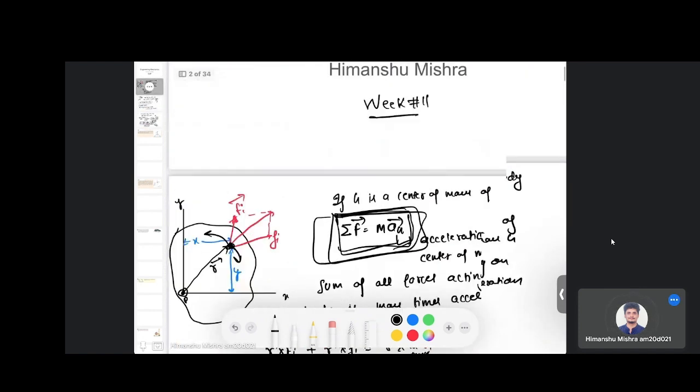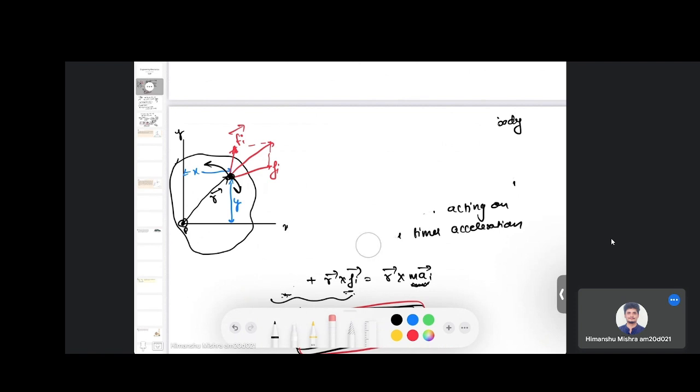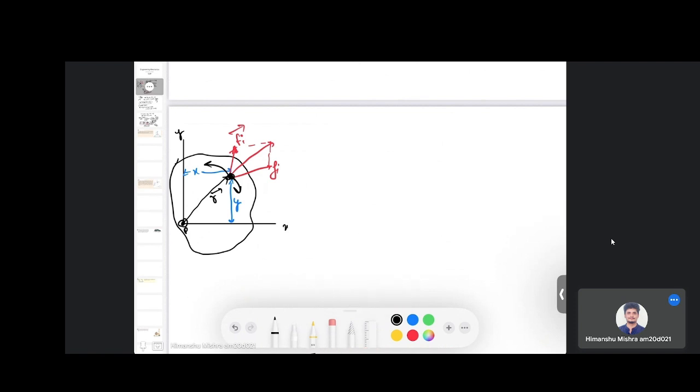Right? So let's talk a bit about the linear momentum. Let's say I have a point O here, and this is G, the center of gravity of some body.